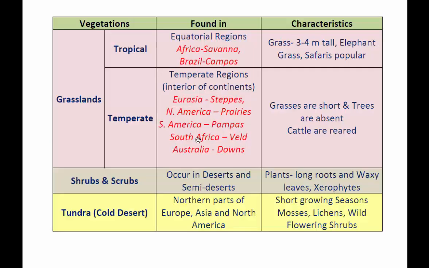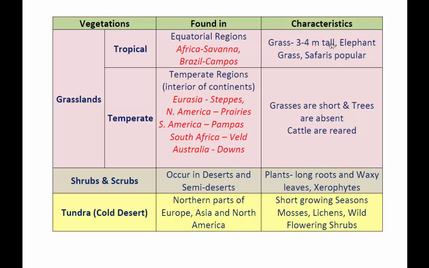Okay, so we will see some of the vegetations and their fauna. First one is tropical grasslands. Basically these tropical and temperate grasslands are different. In tropical grassland, most of the grasses are very tall.